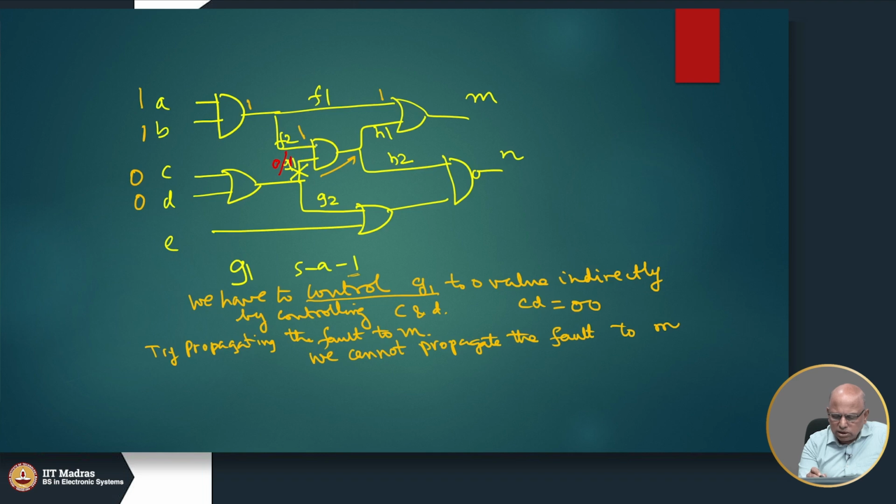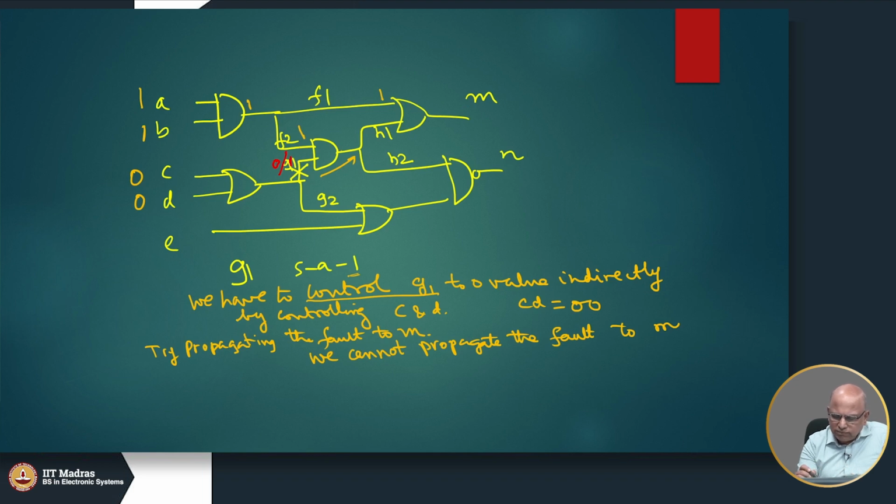If I put a 0 here, then the AND gate will get a 0 no matter whether the fault is present or not. So, I do not want that. I need to put a 1 here, but in order to do that, unfortunately, I have to put a 1 here, that causes a 1 here. This is a fault free circuit, it will go directly and that will become a 1. So, M will become 1. So, that is not going to help me.